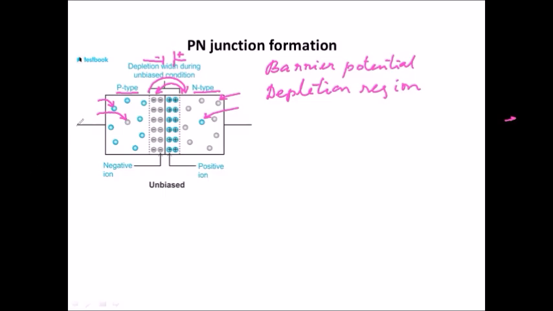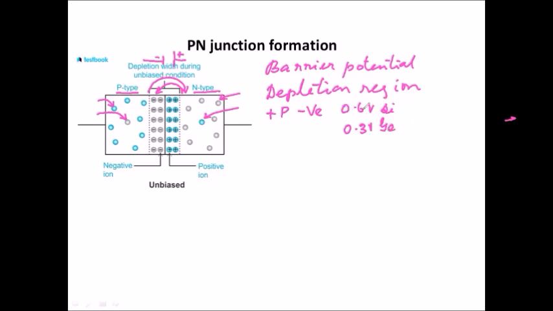This is the reason why, when you apply an external voltage, a potential difference between a P-type semiconductor and N-type semiconductor, with positive potential applied to the P-type semiconductor and a negative potential applied to the N-type semiconductor, for conduction to happen, they require a voltage of around 0.6 volt if the PN junction is formed by means of silicon and 0.3 volt if the junction is formed by means of germanium.